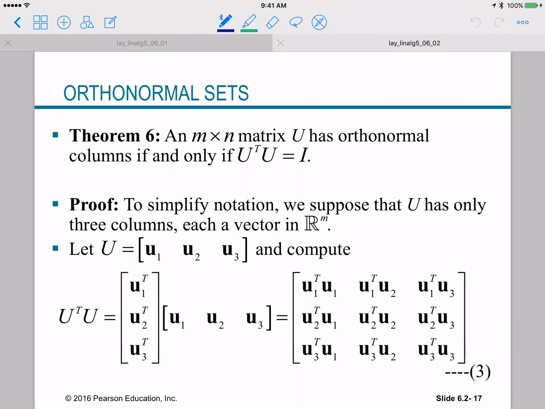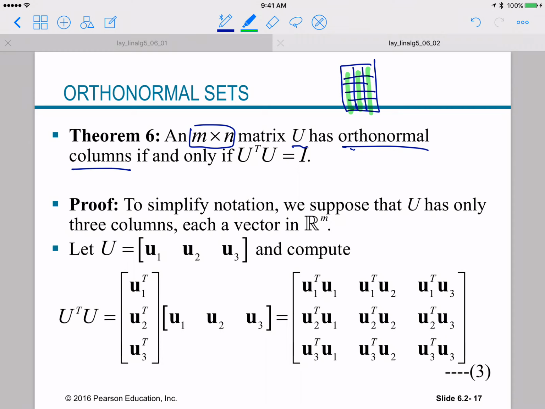Having that in mind, let's look at this theorem. We have an m by n matrix U, and this matrix U has orthonormal columns, which means these vectors have a length of 1 and are orthogonal to each other.